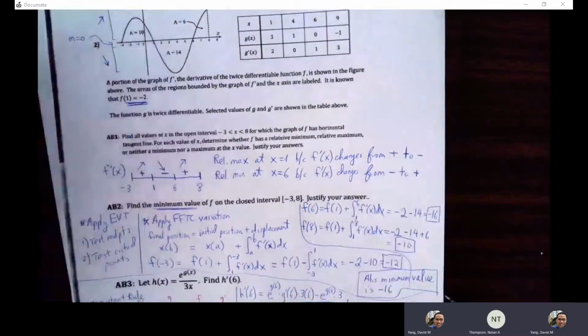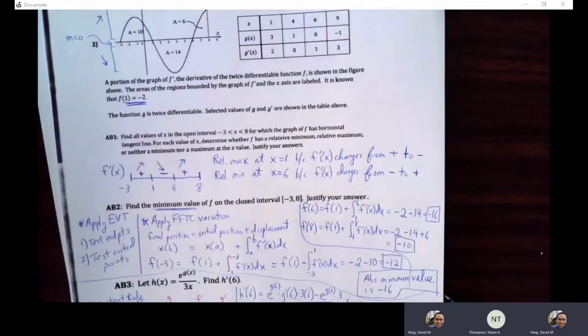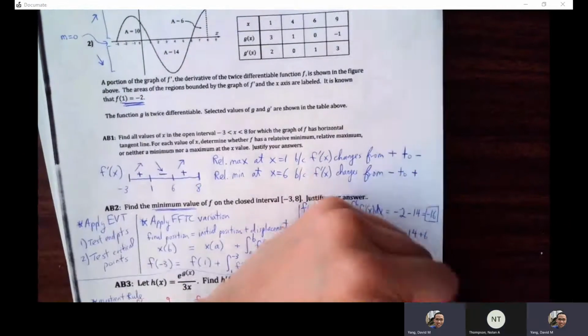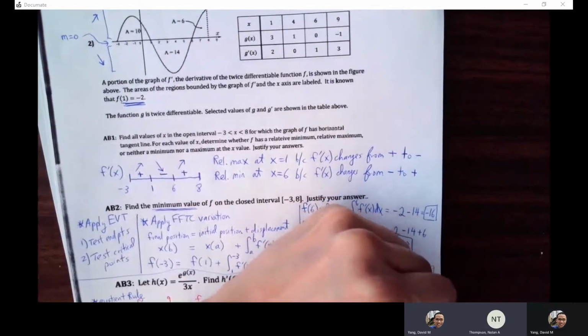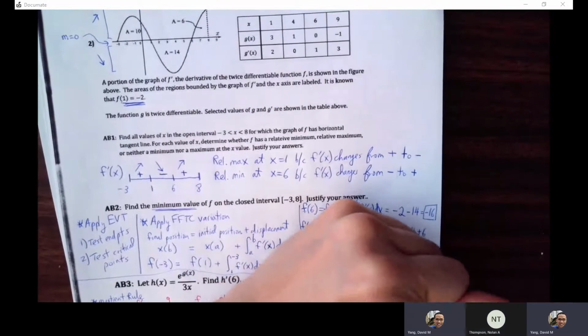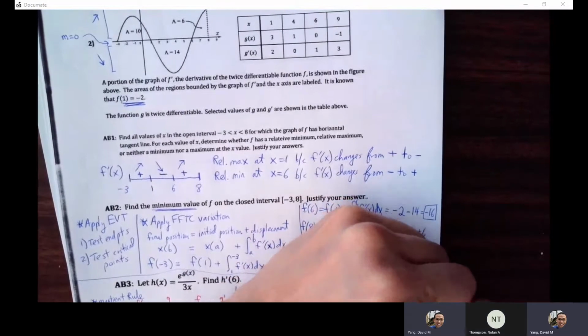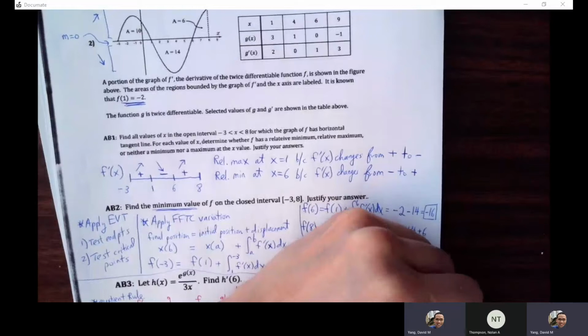So 18 minus 3, do you get 15? Yeah, over 324, right? And that reduces to be 5 over 108.